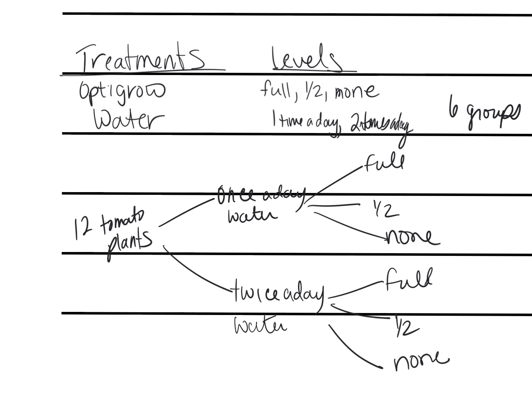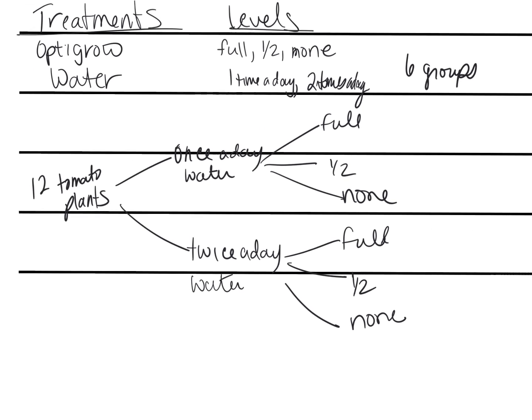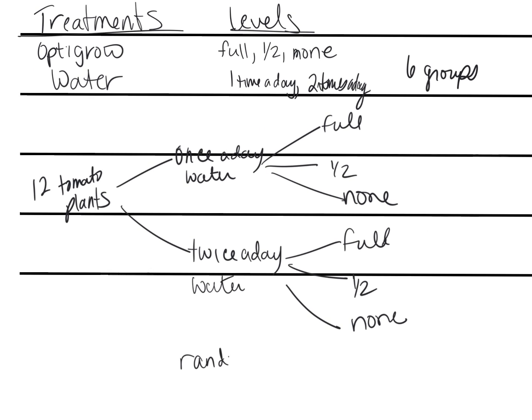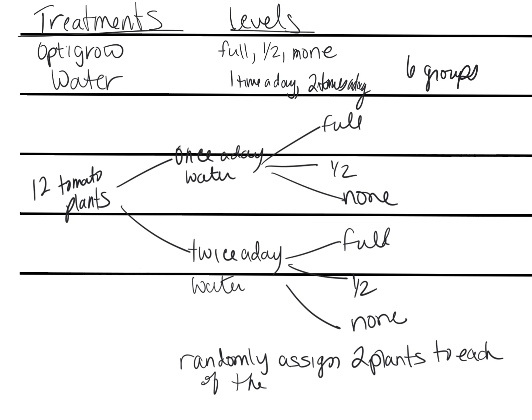Okay, and then we are randomly assigning to those 6 groups. So we randomly assign 2 plants to each of the 6 groups.